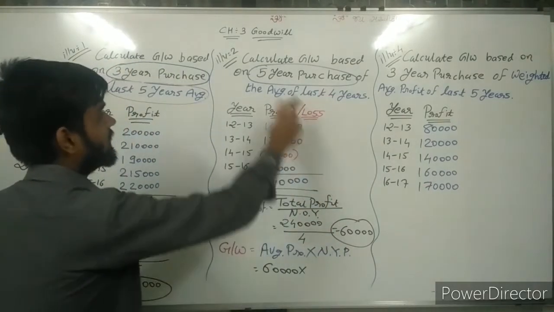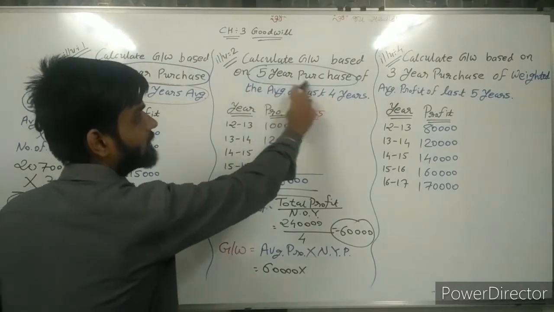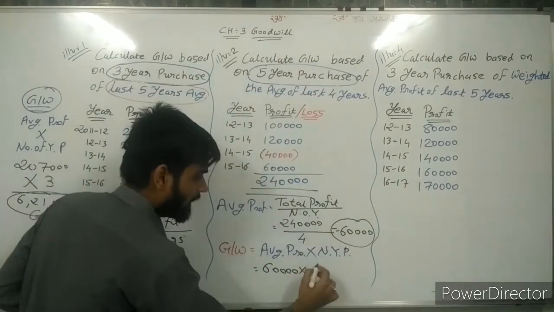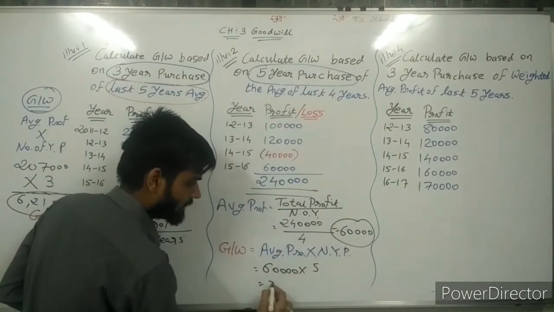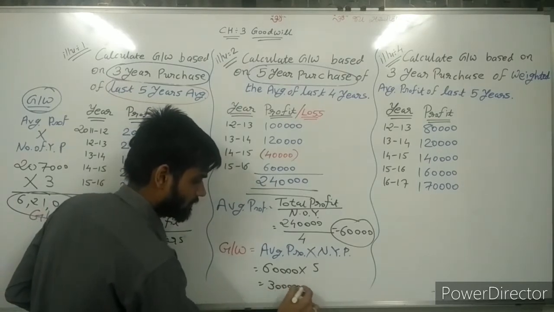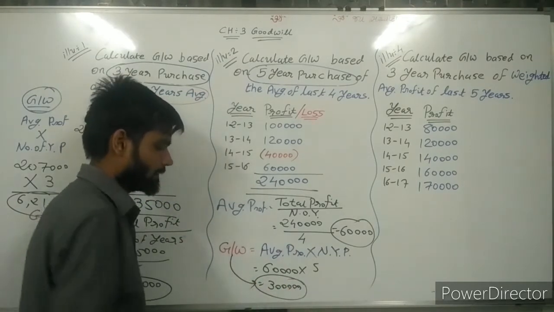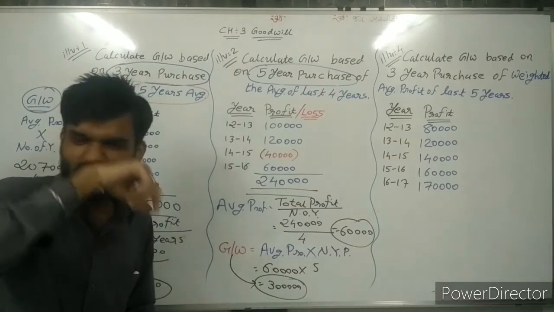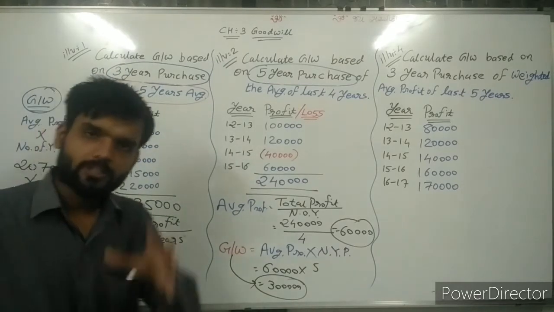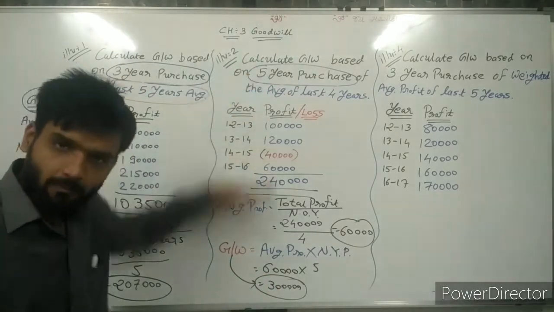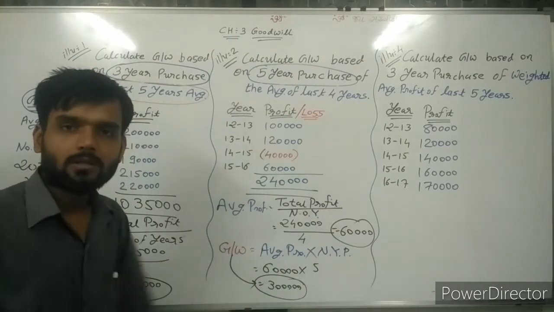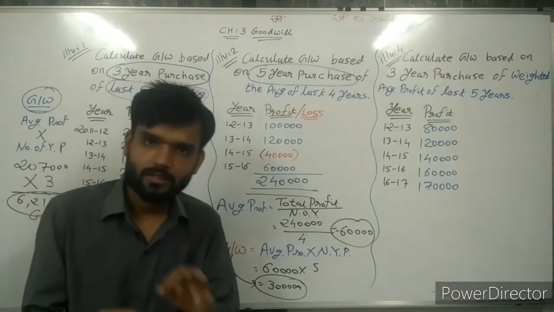Multiply by the number of years. Sir, a 5-year purchase is given, so into 5. Six fives are 30. So 3 lakh rupees is the value of goodwill. In this way, the second simple average sum, goodwill calculation, is very easy.